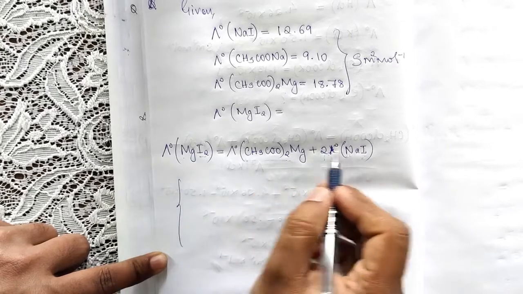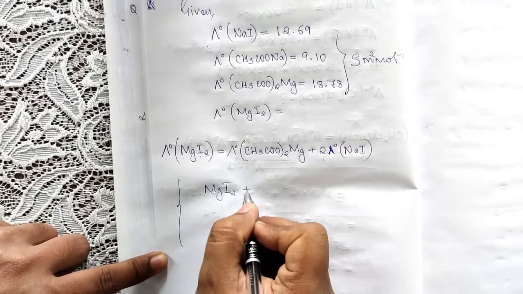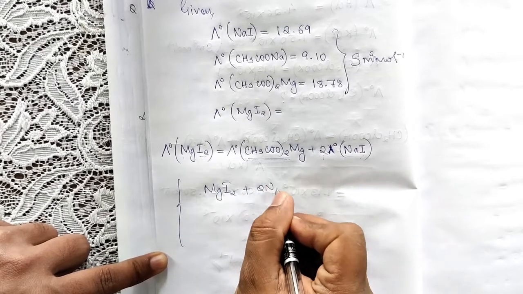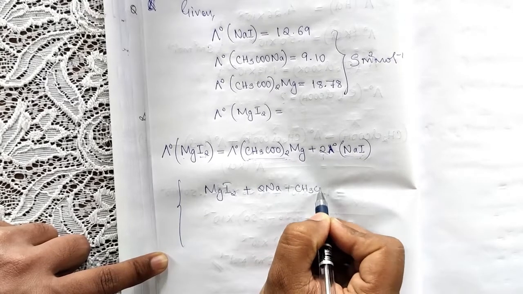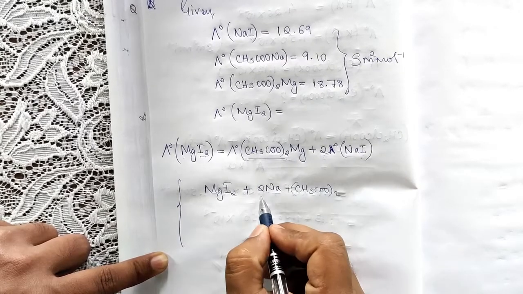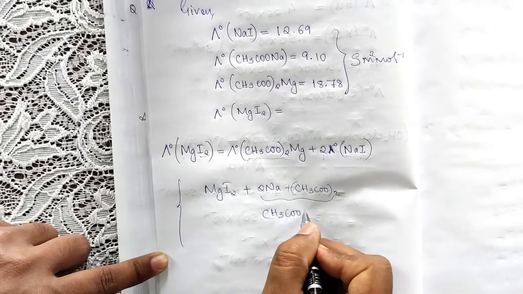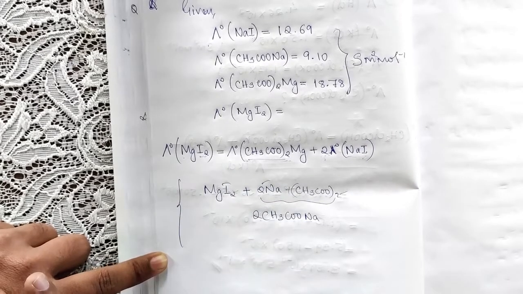this part is just a rough sheet. If I add these two together, I will get MgI2, and also I will get 2Na, and then I will have (CH3COO)2. If I add these two together, I will have CH3COONa. Since this is 2 and this is also 2, I will write here 2.